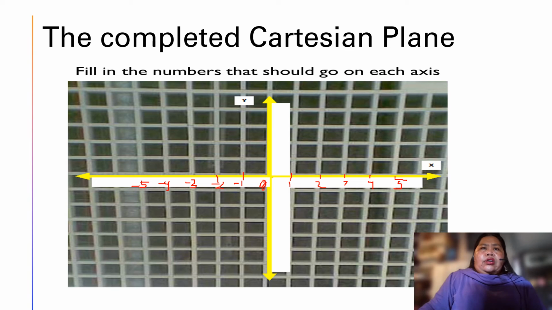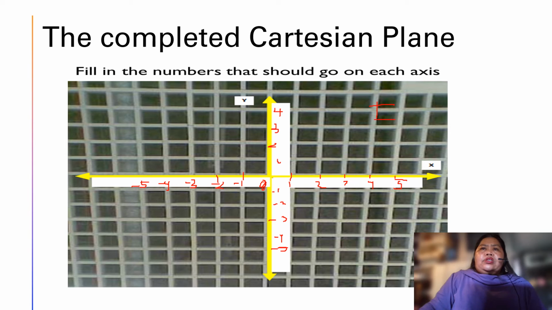And on this here, we have 1, 2, 3. Then at the bottom, we have negative 1, negative 2, negative 3, negative 4, and negative 5. Okay. Do you understand?